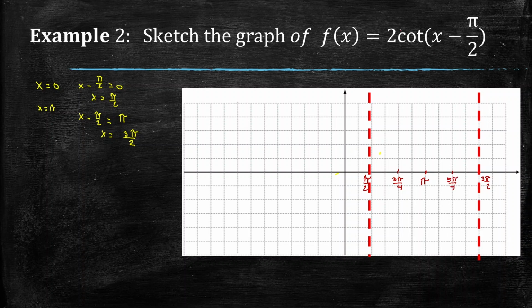I've got a shift up of 2, so basically we're going to multiply these values. So this one here is usually my 0. This is going to go up to positive 2. And this is going to go down to negative 2 here. So again, my graph is going to look very similar to the last one. The only thing you have over here is a phase shift to the right, pi over 2. Okay, x minus that.